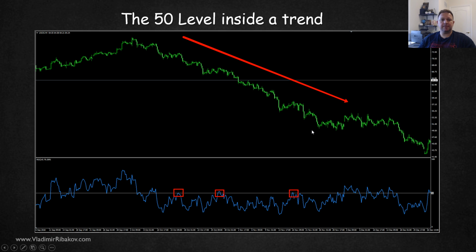So the level 50, which stands in between, the middle between the 100 and the 0, or the middle between 70 and 30, the same way.